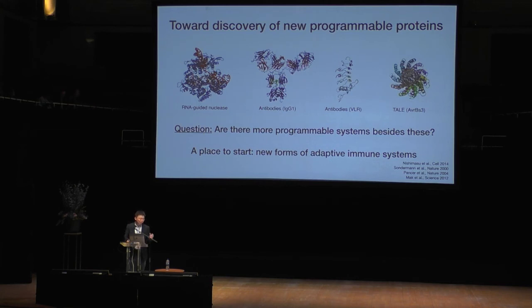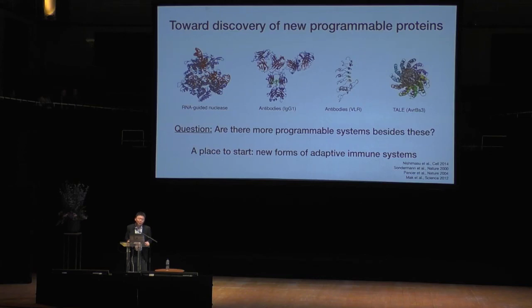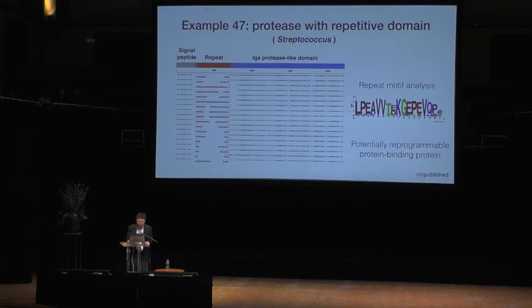Furthermore, by looking at microbial-based adaptive immune systems, we may be able to identify some of these new putatively programmable systems. So by taking a computational approach, we began to scour the microbial diversity. Using computation, you can identify many, many different candidates. I'll just show you a few interesting examples. This is example 47 out of 9,000 of them.